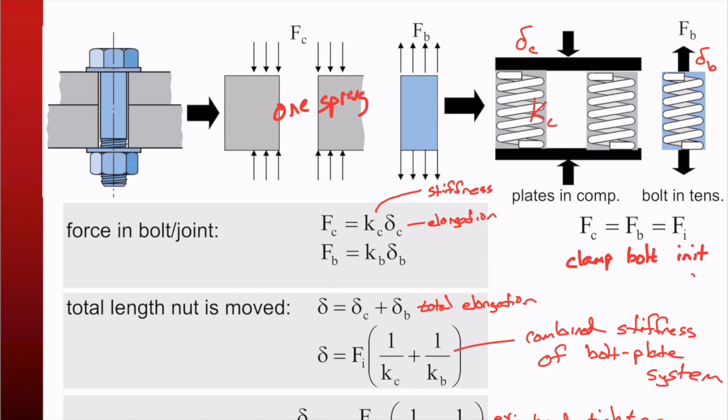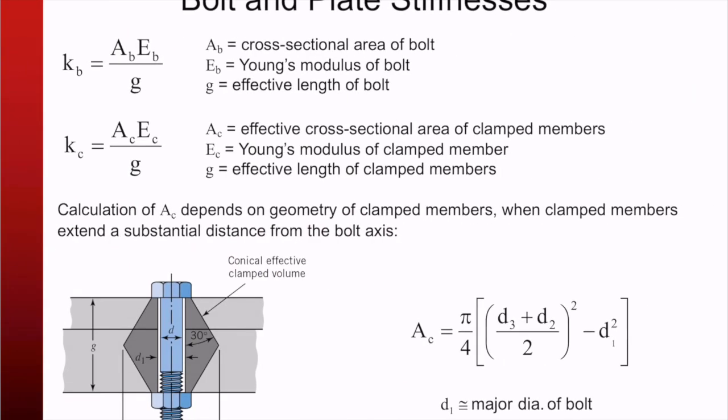And so that's a much better way. This is much more accurate. Okay. So torque wrenches are fine, they're quick, they're easy, less accurate than the turn of the nut method.